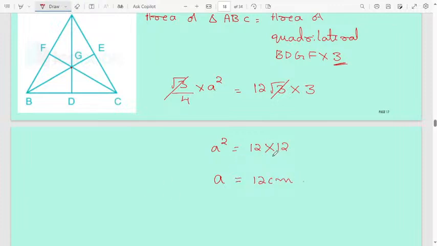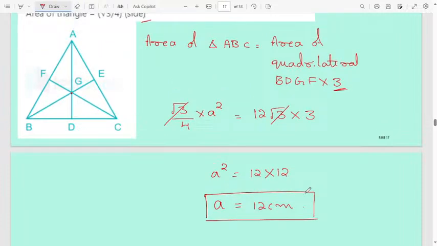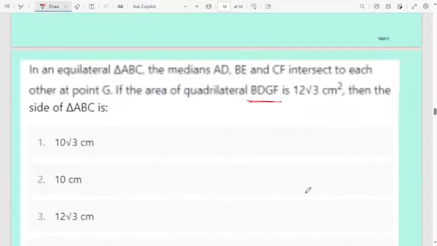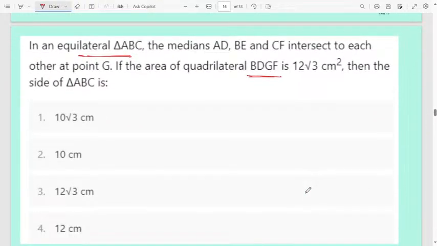A square is 12 into 12, so what is the value of a? That is 12 centimeter. What are they asking in the question? The side of the triangle. The side of the triangle is 12 centimeter. That's why understanding the concept is very important when you are solving quadrilateral, triangle, circle problems.